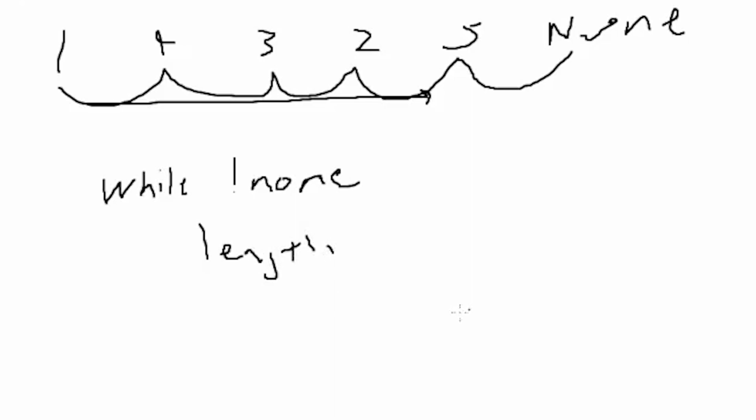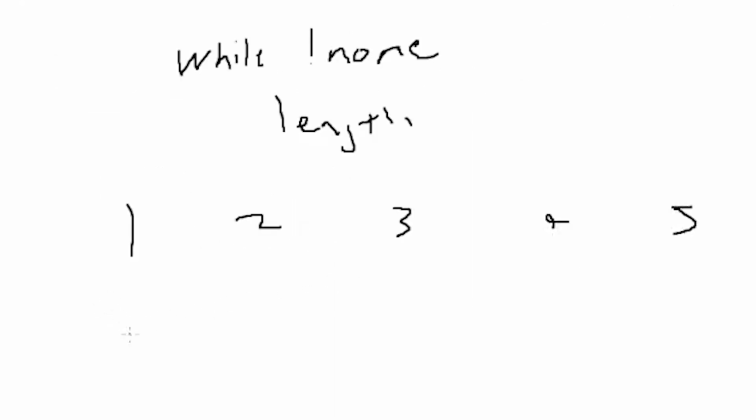So I propose the solution of having 2 pointers within your linked list. So we'll have a temp head right here. So when we have this array right here, we'll have 2 defined heads, right?